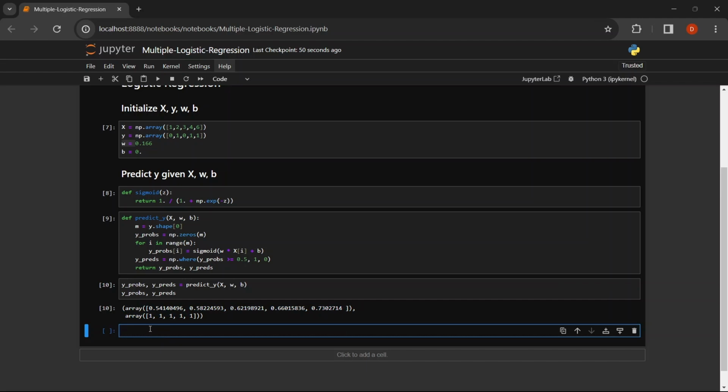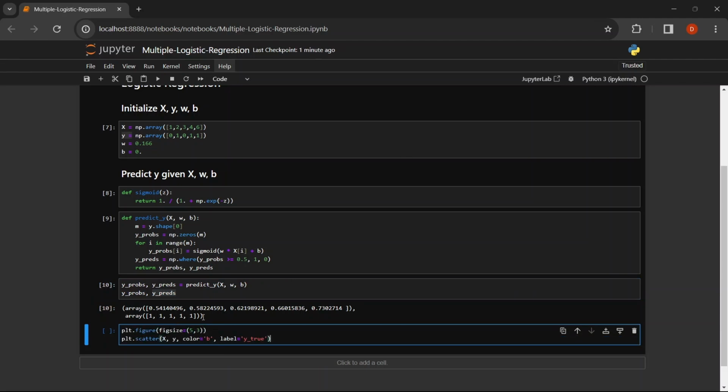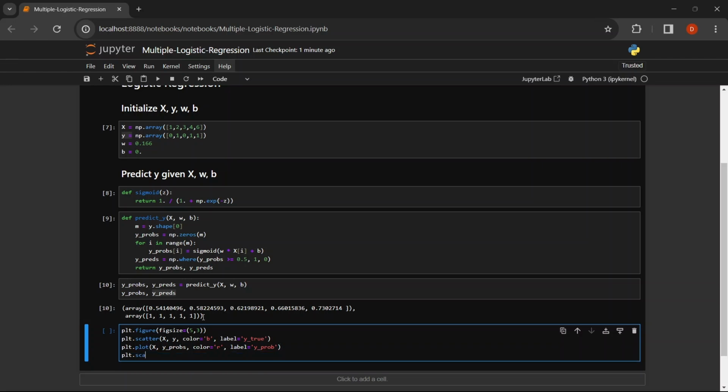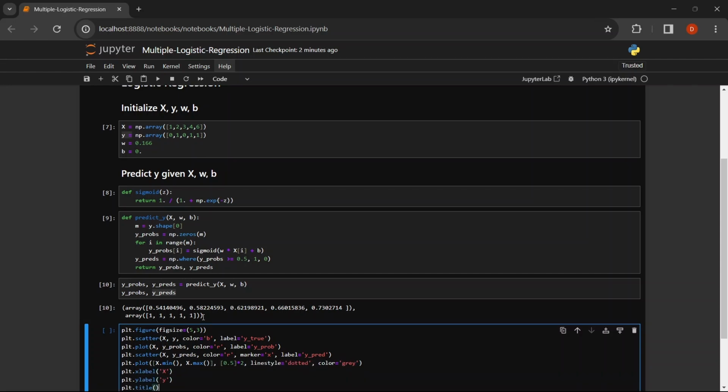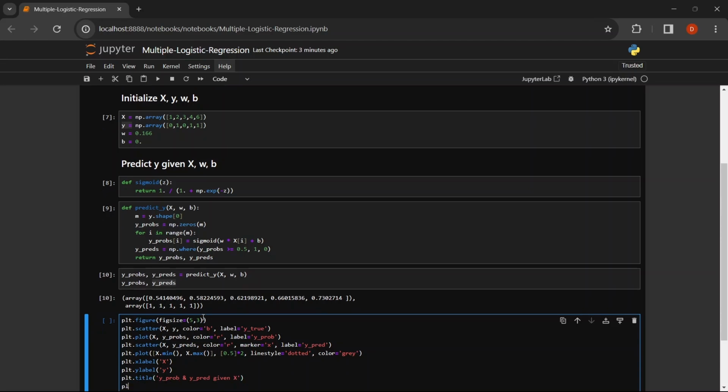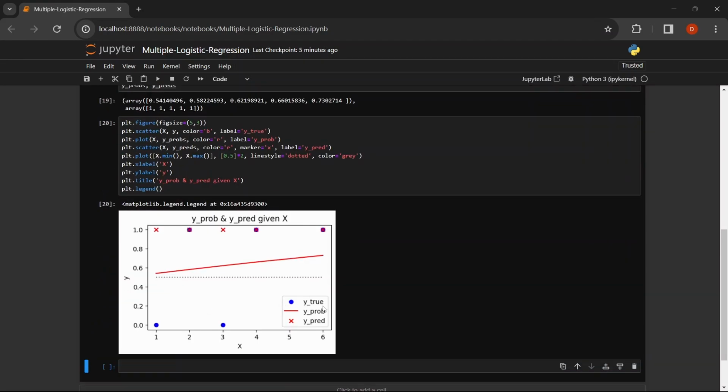But first, let's try to plot what x looks like against y, yprobs, and ypreds. Alright, so in this plot we have y true on the bottom and on the top, showing the true y values for x.